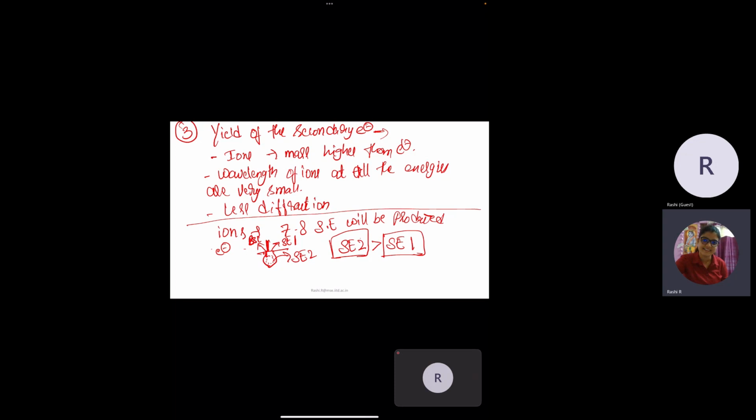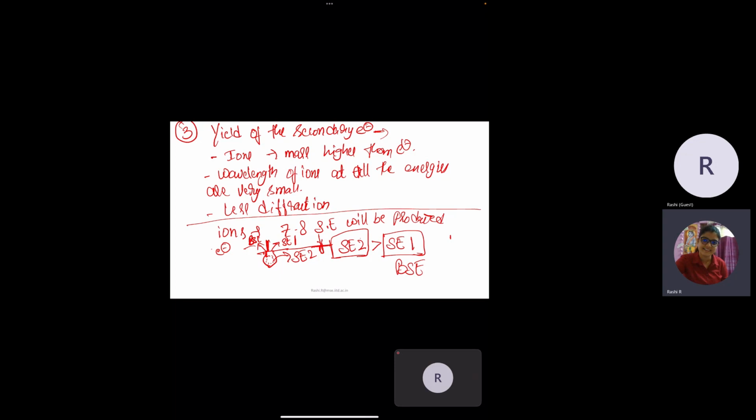This problem is not there in the case of ions, because they produce a very small amount of BSE signals, and the interaction volume will be very small in the case of ions, and the image will be obtained only from the surface.